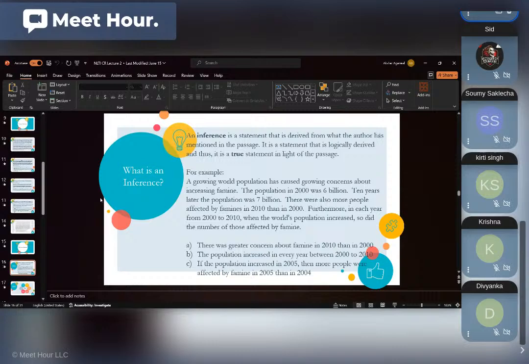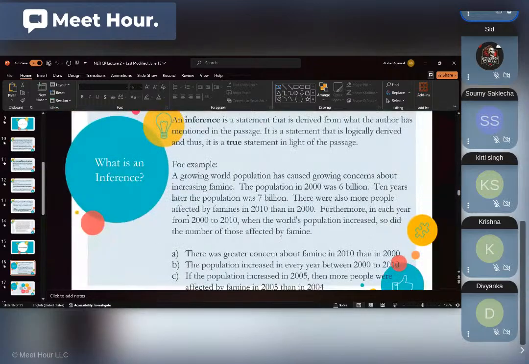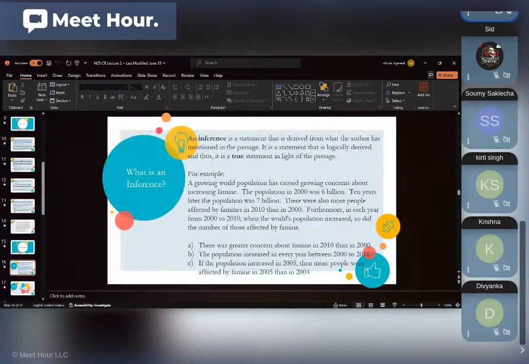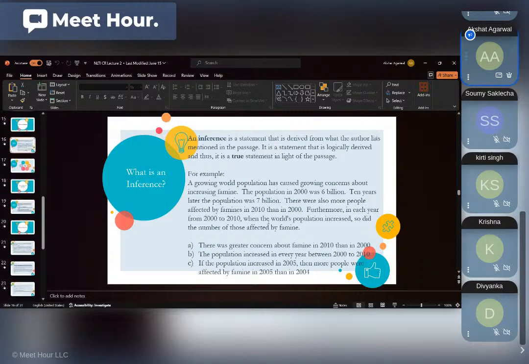The author just tells you that in each year from 2000 to 2010, whenever the world population increased, famine also increased. From that, we are deriving that if we compare 2004 and 2005, and let's say the 2005 population has increased, that implies that the famine has also increased from 2004. All right. So that is, I think, a good exercise of understanding what an inference is.